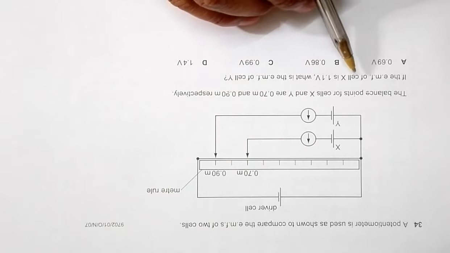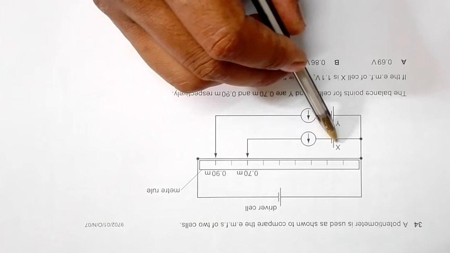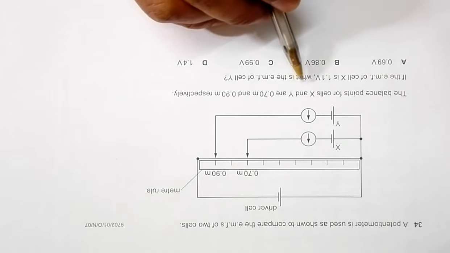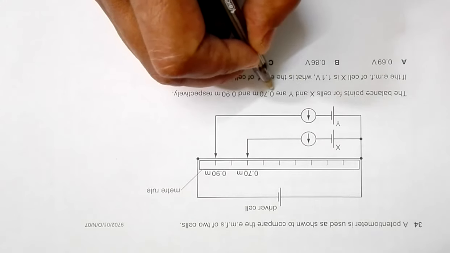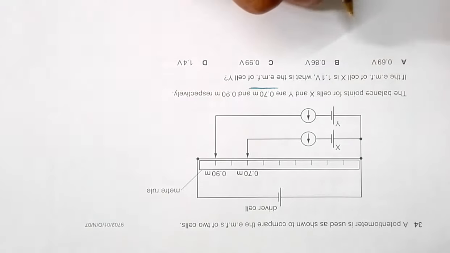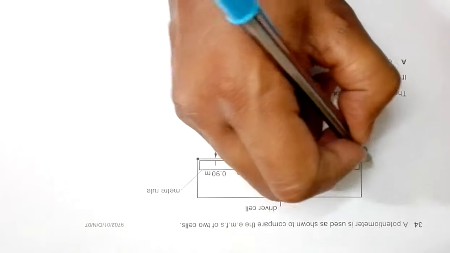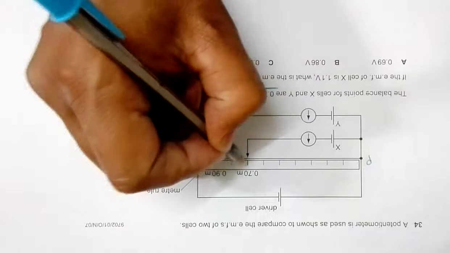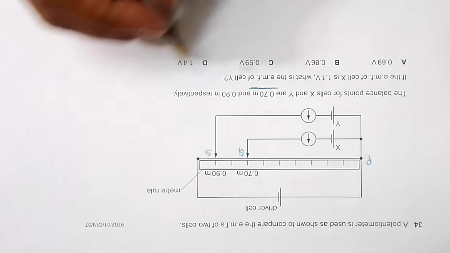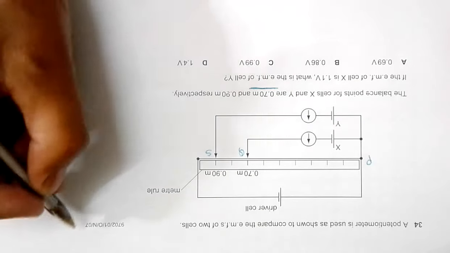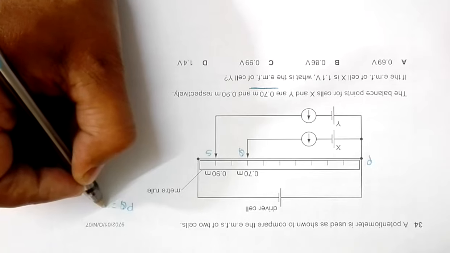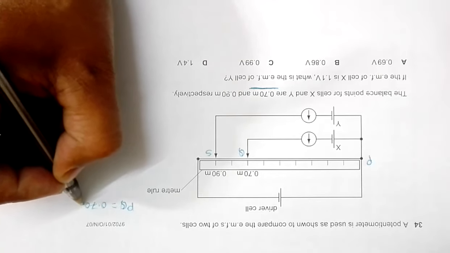So when the first cell is used, which is cell X, the balance point is 0.70 meters. So let me say this point is P, this point is Q, and this point is S. So from this statement, I have got PQ is equal to 0.70 meters.